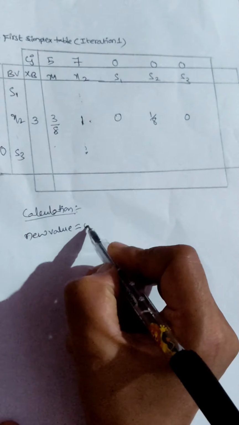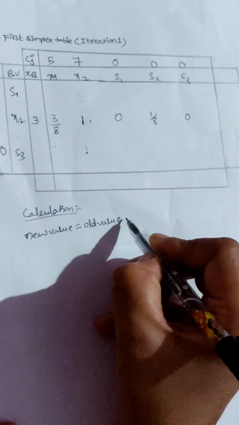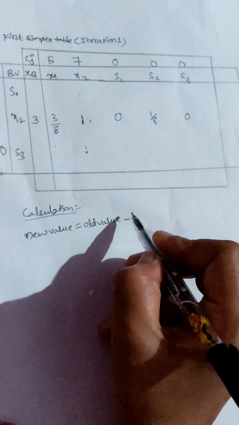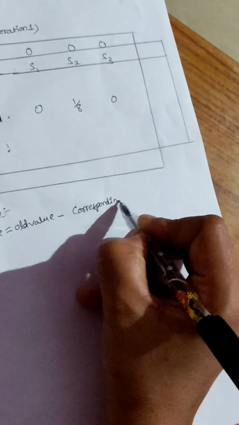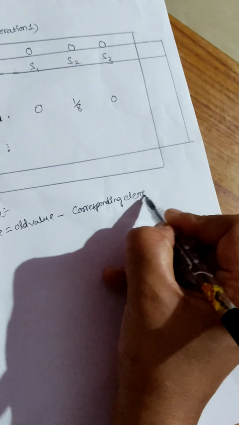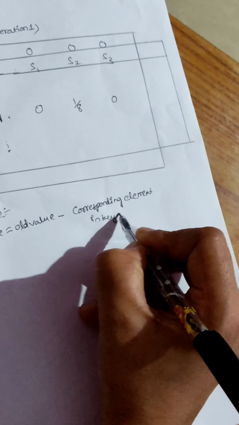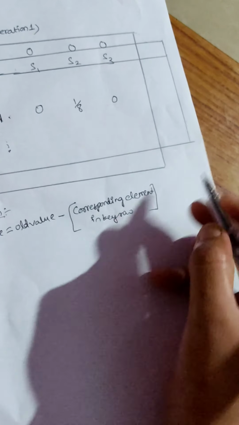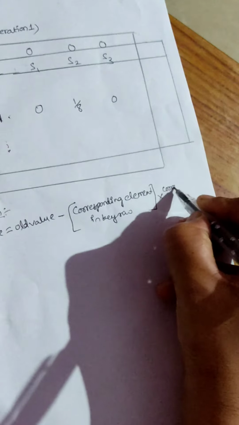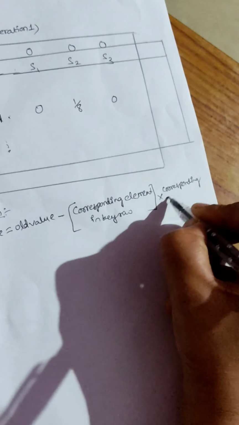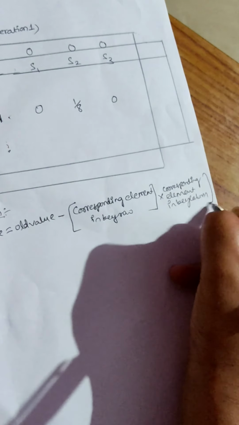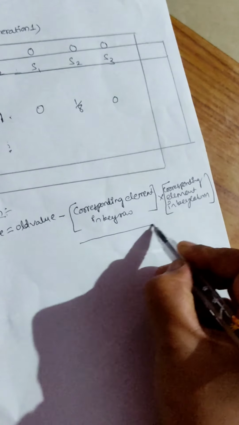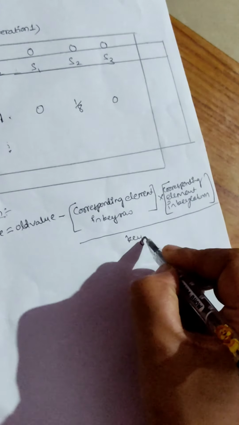new value equals old value minus corresponding element in key row into corresponding element in key column divided by key element.